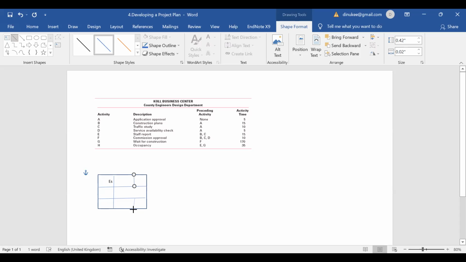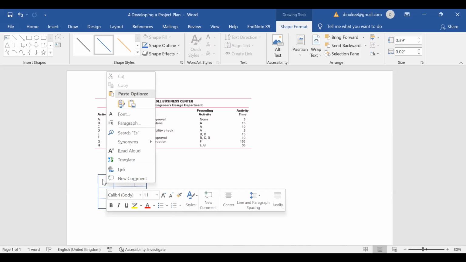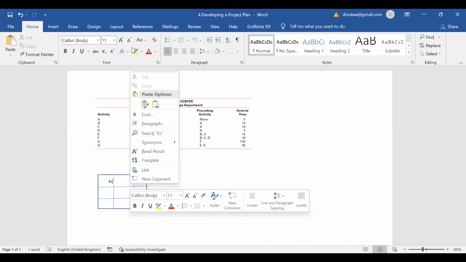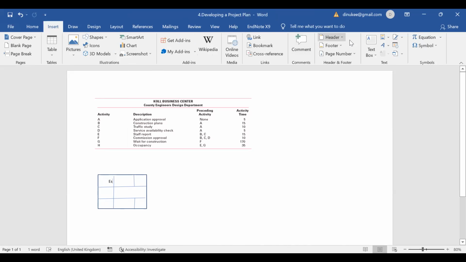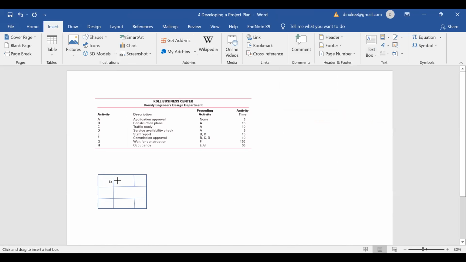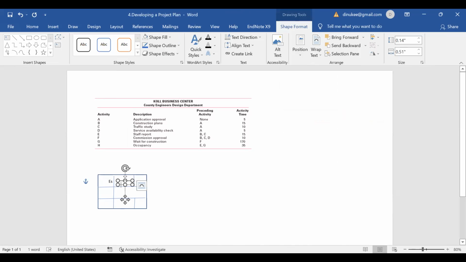So this is the legend that you have to use. In here, you have to put the early start time. Here, you have to put the ID number.